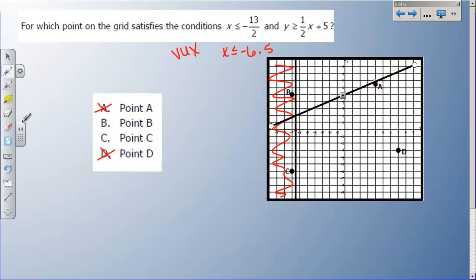And then I need to shade greater than that line. So I need to shade everything above that line. The point that falls in the double shaded part is this one right here, B. C is still in a shaded part, but it's not in the double shaded part. Therefore, it's not the solution. So this is the point that satisfies both of those.